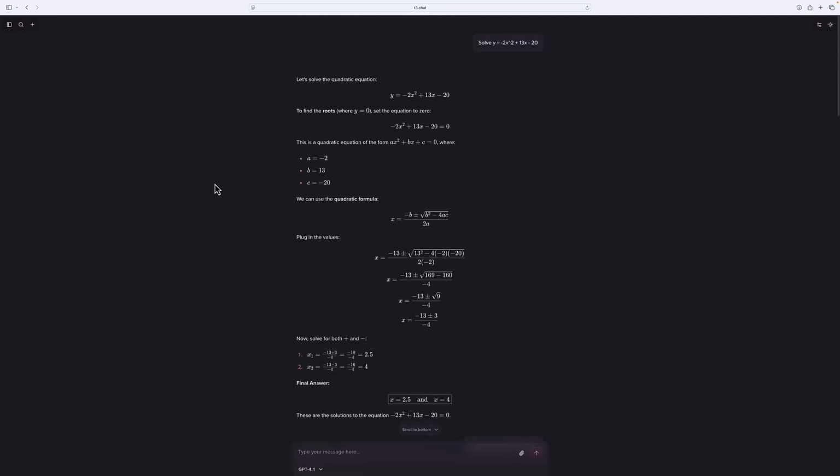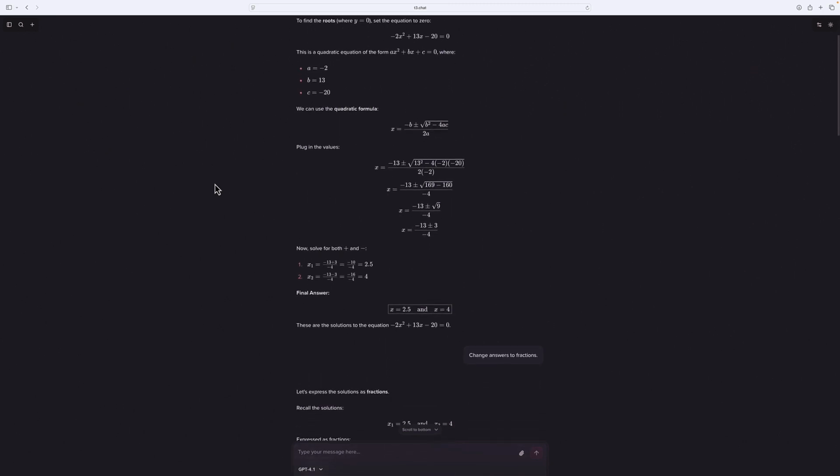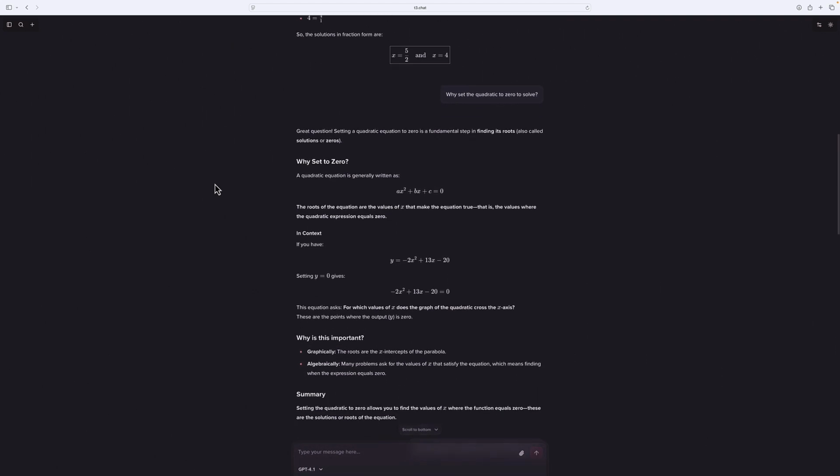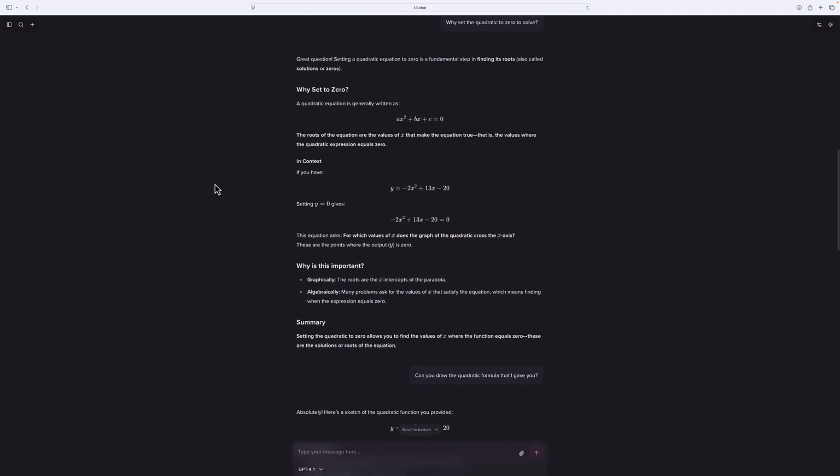So what I want to demonstrate here is that you can utilize a chatbot a certain way to give you an insight on how to do a problem. At the moment, it's a little bit wonky.